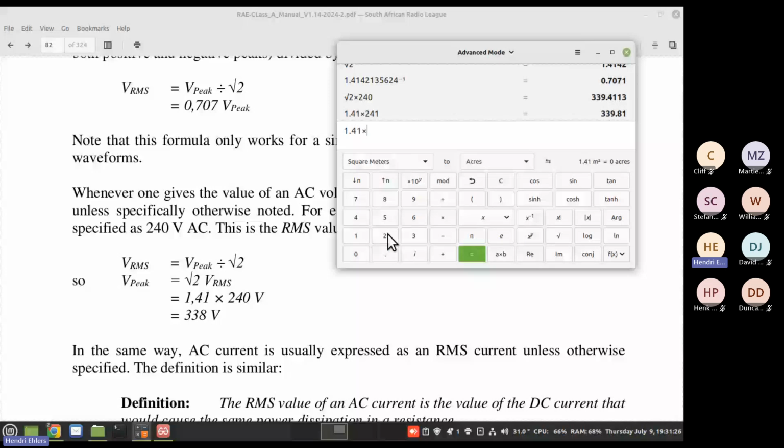Times 240. Yeah, that is a different answer.